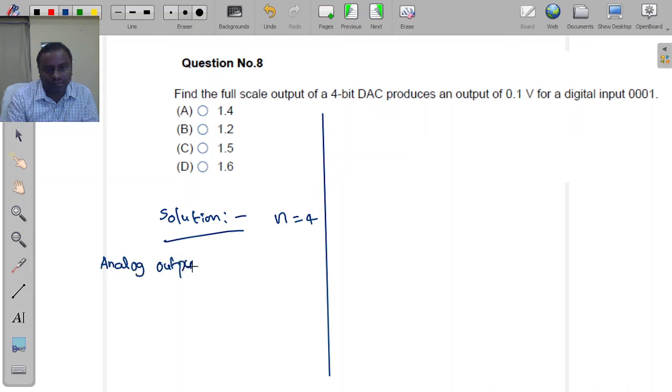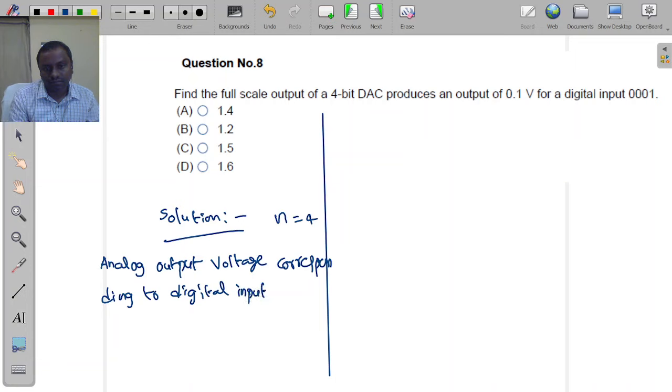The analog output voltage corresponding to the digital input 0001 is equal to 0.1.